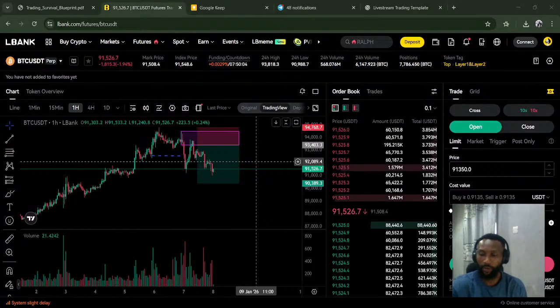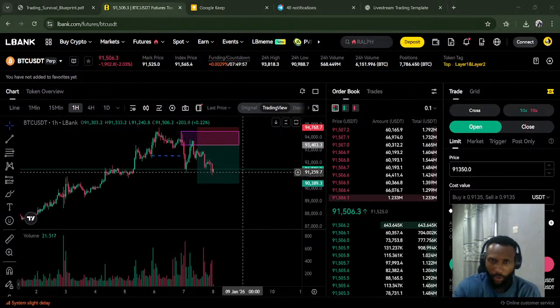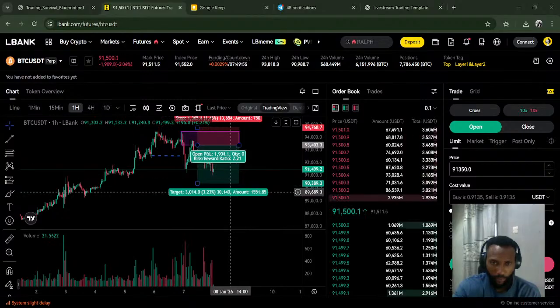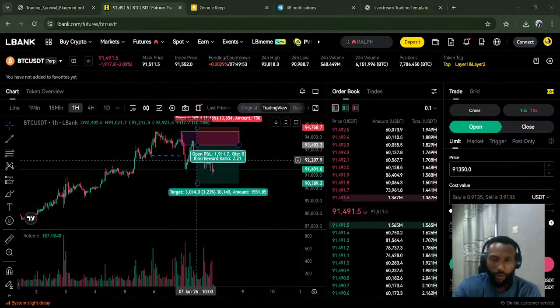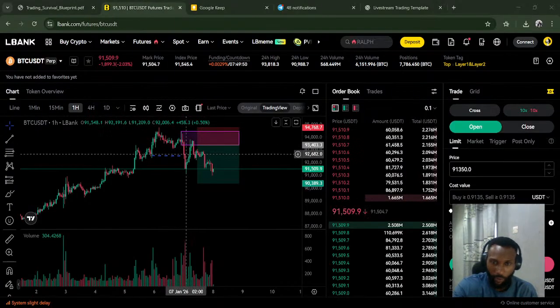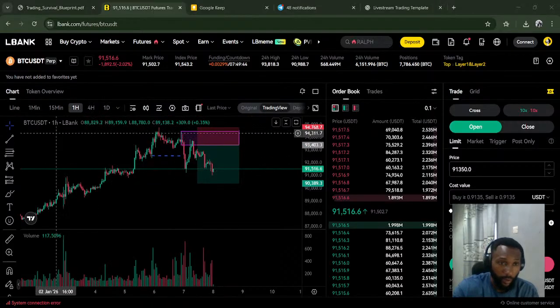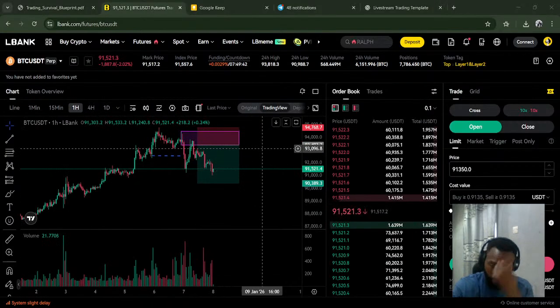Before we get into that, I want you guys to look at the charts. I remember I was doing this as a sample trade. I did a very quick analysis and brought out my tool.